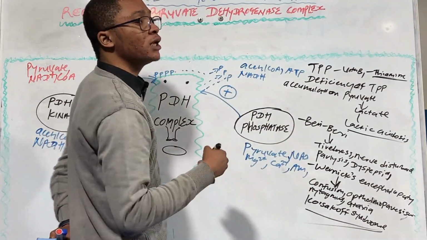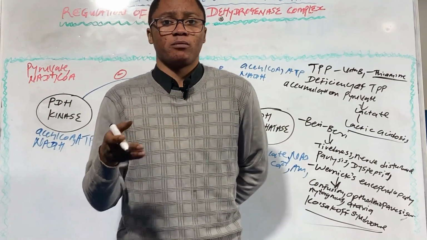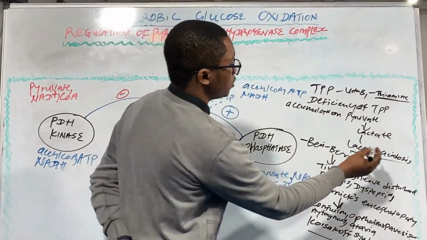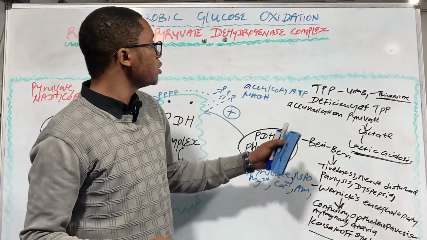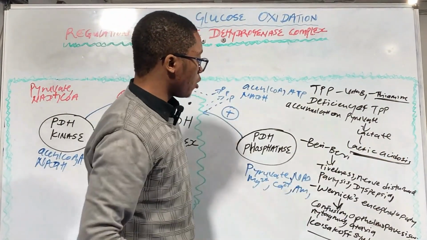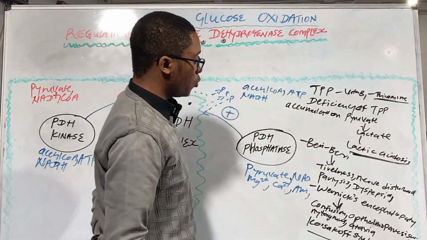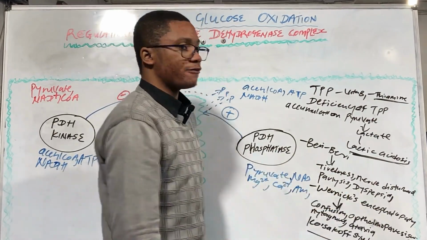Also, in patients with inherited deficiency of the pyruvate dehydrogenase complex, lactic acidosis is seen in these patients too. So the deficiency of thiamine may lead to lactic acidosis, may lead to beriberi, which has these symptoms, and will also lead to Wernicke's encephalopathy.